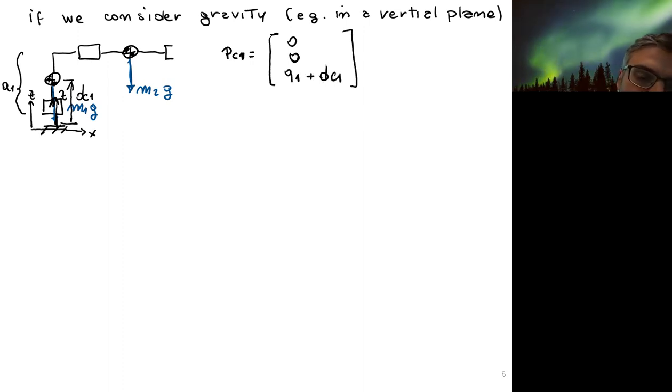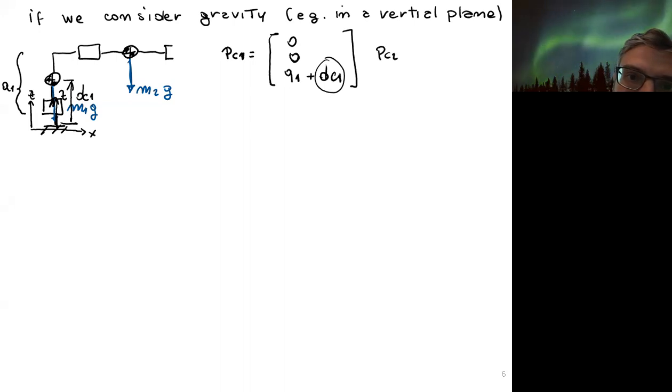That expresses the position of the center of mass with respect to the link 1 frame, which moves with the joint 1 frame.